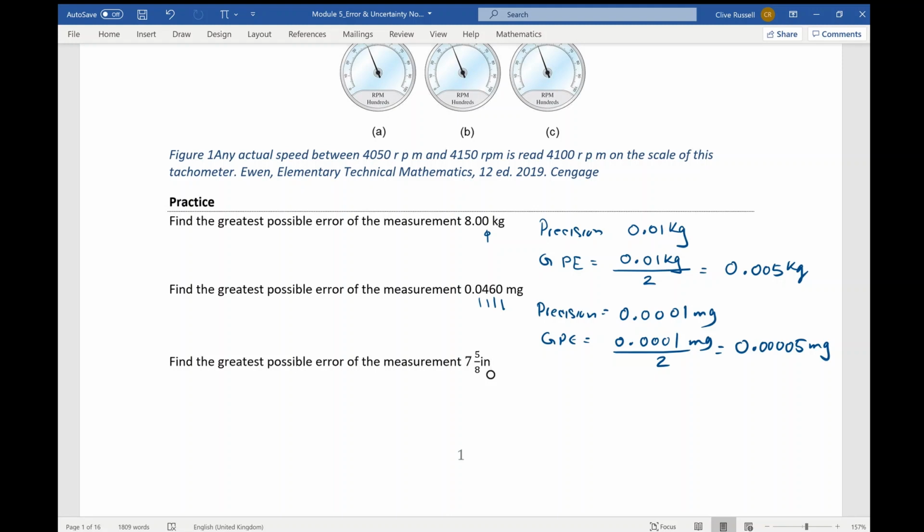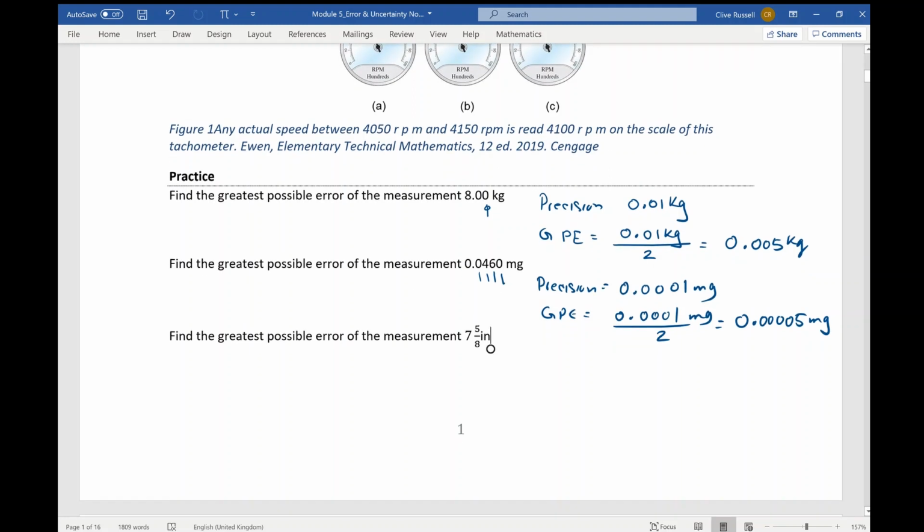Now in the third case here, we can see 5/8. Clearly the precision is in eighths, so it has to be equal to 1/8 of an inch. The decimal here, we're counting in eighths, so it's going to be 1/8.